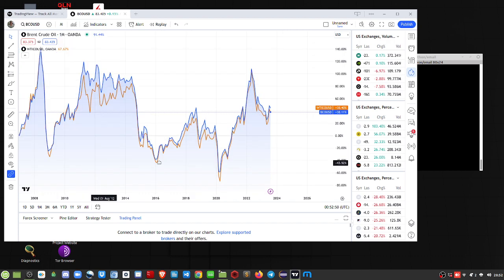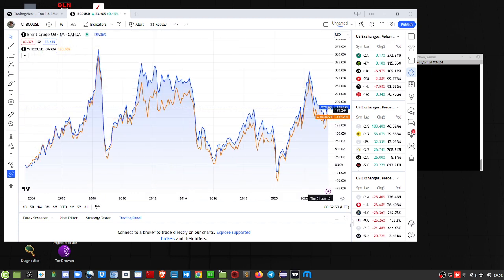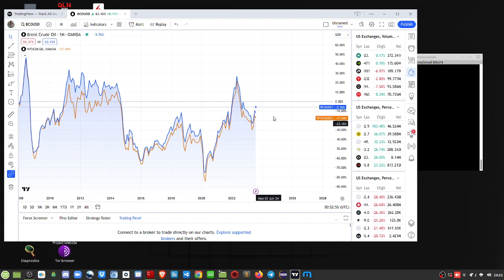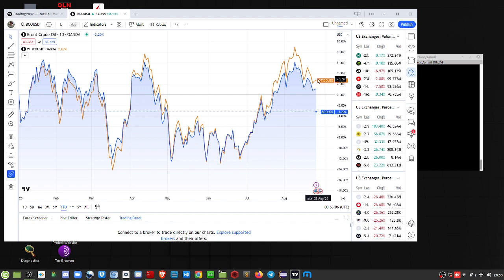But you can see here we're getting a slightly better performance of Brent crude versus WTI. So let's say year to date. See there, actually WTI is outperforming by a little bit, maybe just under 1%.